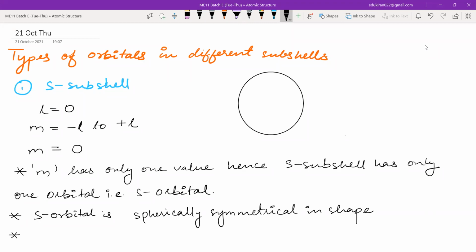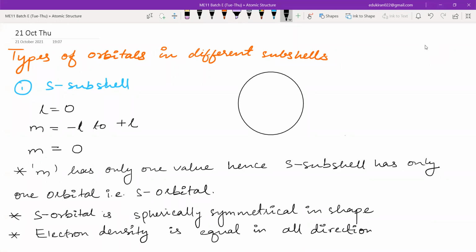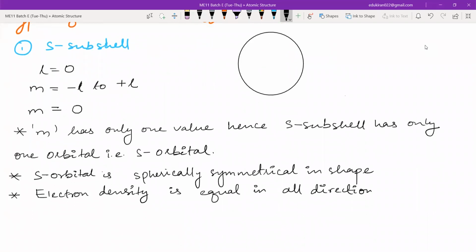It means that electron density is equal in all directions. Now, if the electron density is equal in all directions, it means that a particular orbital is non-directional in nature.